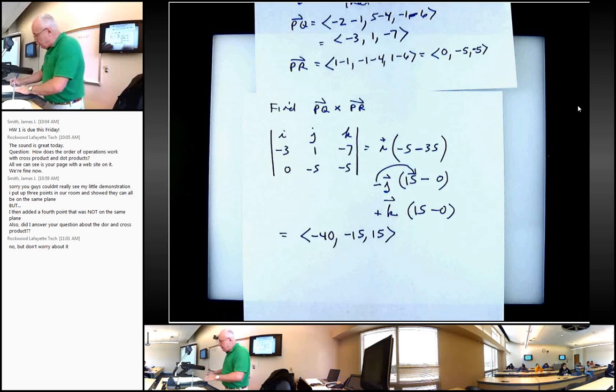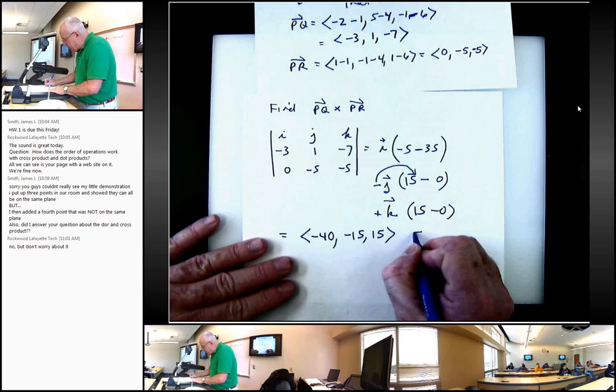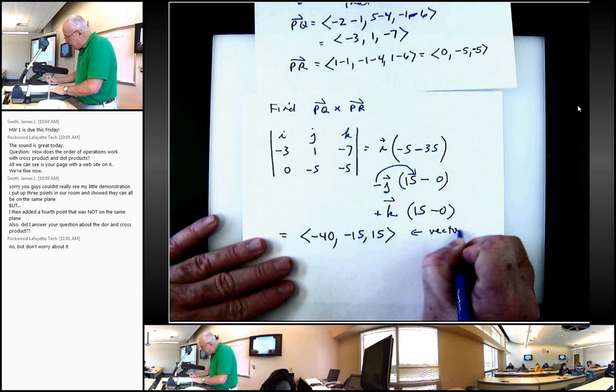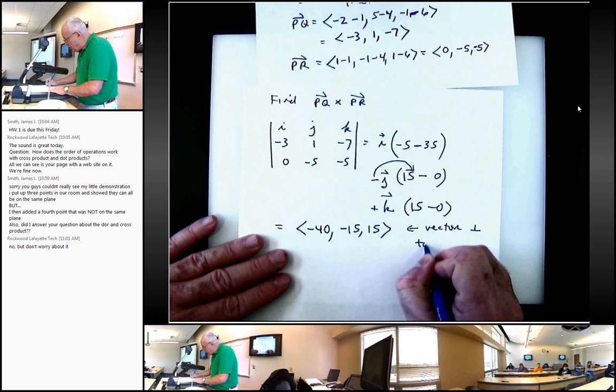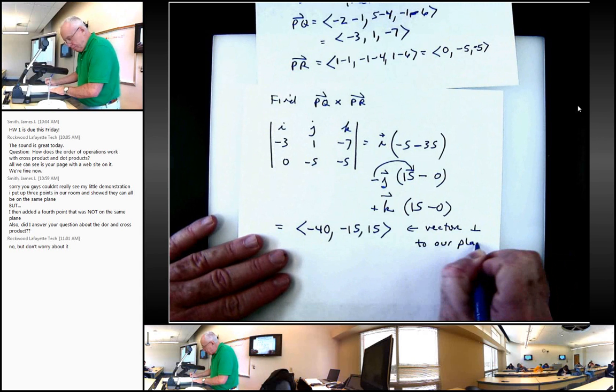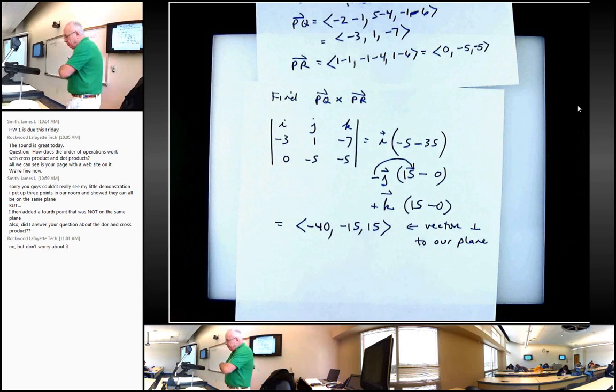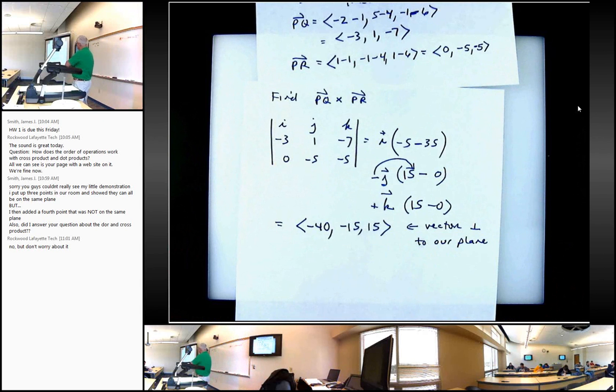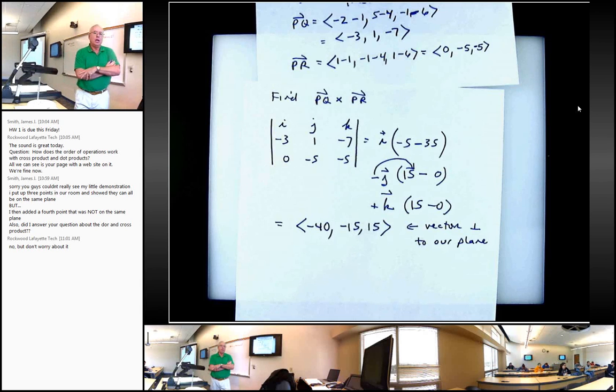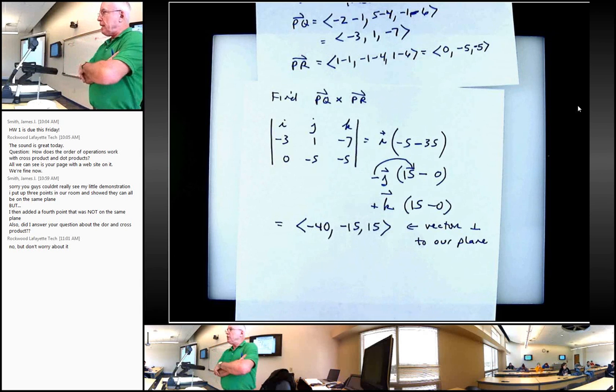Okay, this is the vector we get. And this vector then is perpendicular to our plane. What other vectors, plural, I guess I could say, could I also say are perpendicular to that plane?